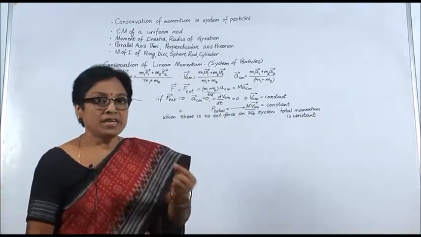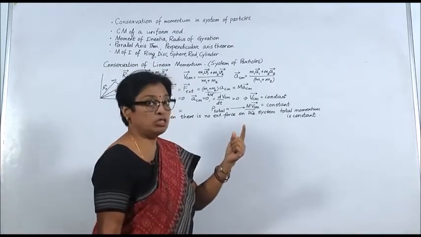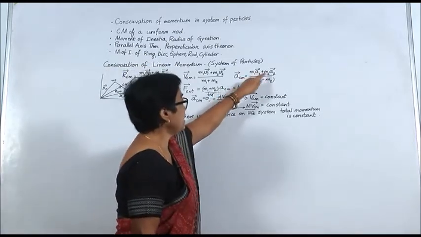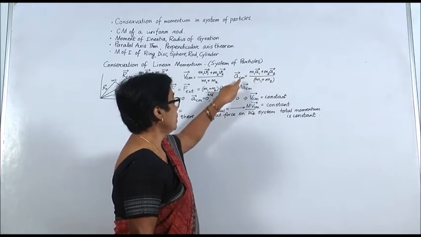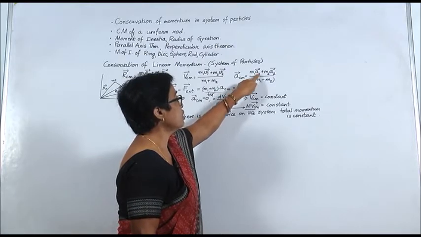Each individual particle may have some velocity, and the changing velocities, each one may have accelerations A1 and A2, but ACM is 0. That means, if A1 is in one direction, A2 has to be in the opposite direction.